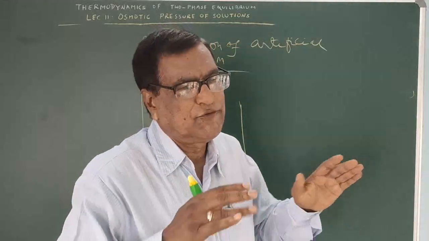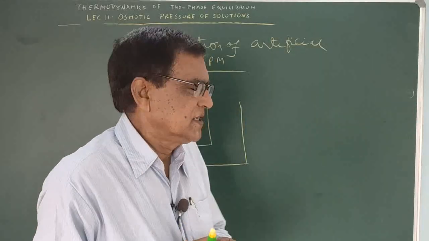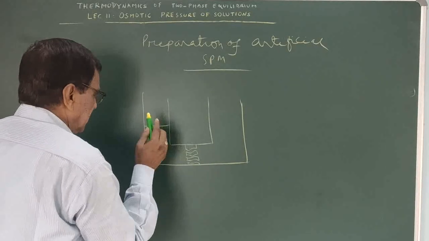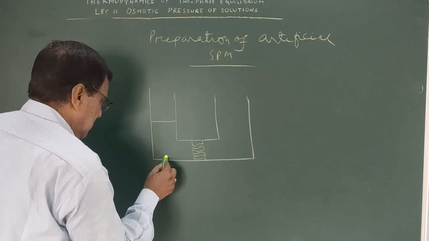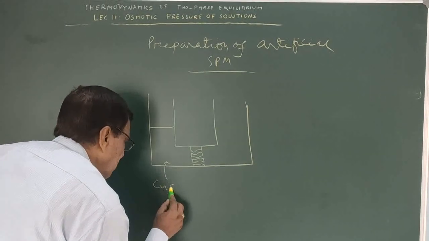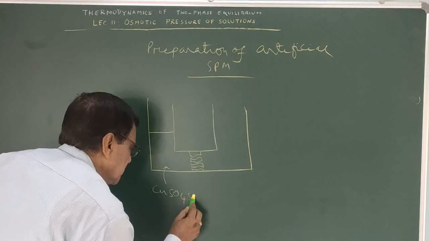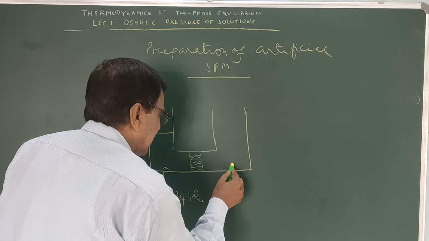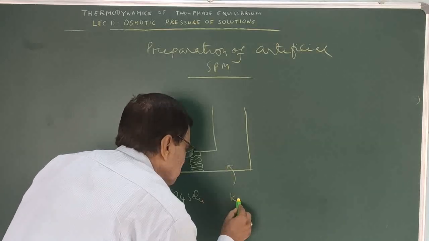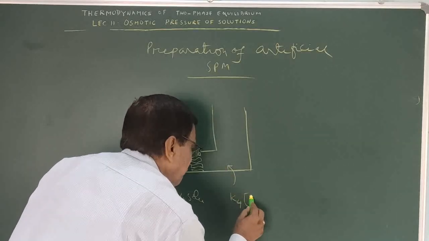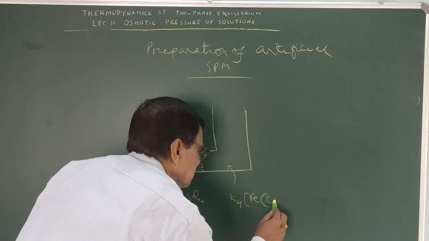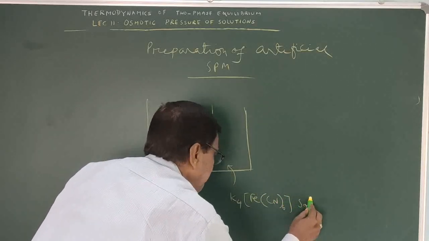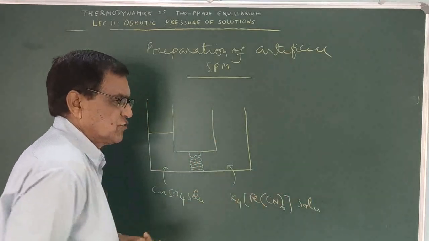They have several pore channels within this block. Here you can take copper sulfate aqueous solution, and here aqueous solution of potassium ferrocyanide.